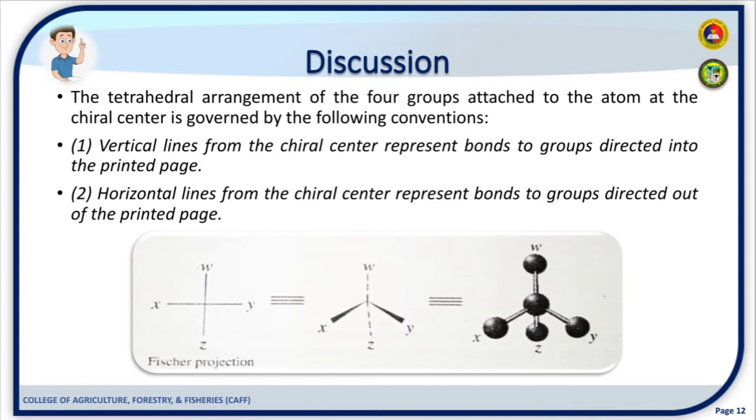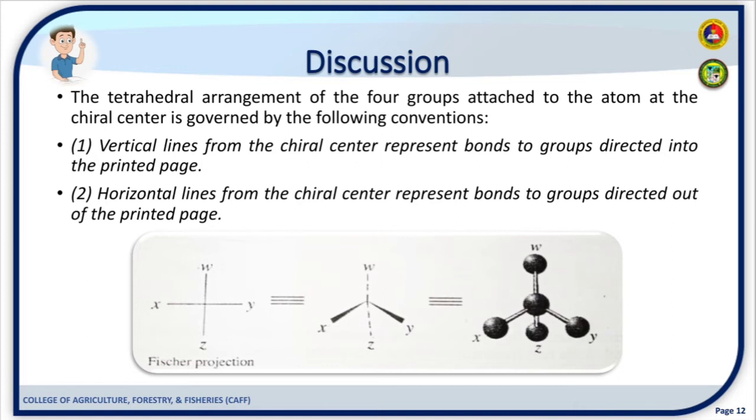In this slide, it mentions that the horizontal lines from the chiral center represent bonds to groups directed out of the printed page, and that out of the printed page is towards the viewer, while the vertical lines represent atoms that are pointed away from the viewer.